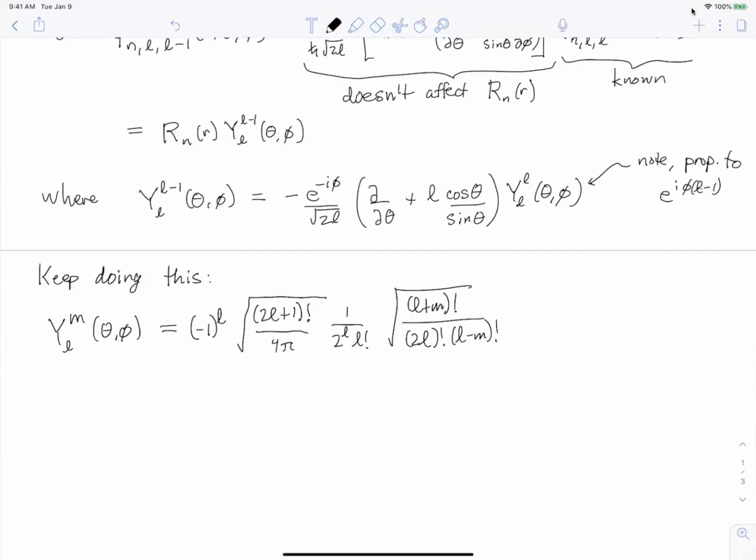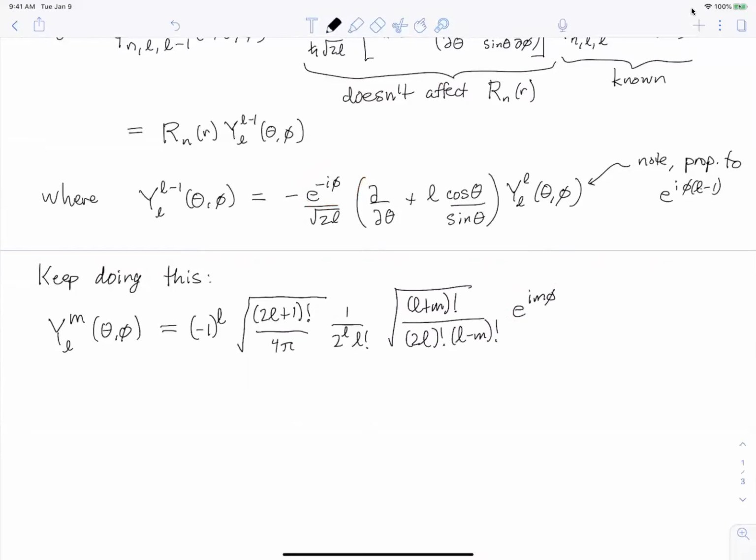Okay, and now there's e to the i m phi. That comes about because we started with e to the i L phi, and then we just kept lowering it, and every time we lower the value of m, we're getting a negative e to the minus i phi, so that turns that into this.